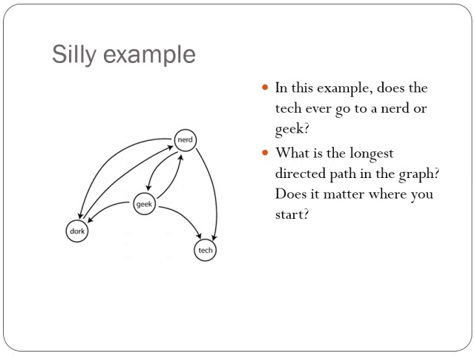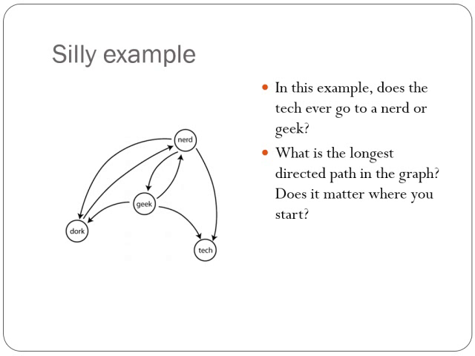So we'll end this lecture with a silly example. In this case, the vertices are labeled dork, geek, nerd, and tech. And since there's a directed edge from nerd to geek, and also a directed edge from geek to nerd, the implication is if you are a nerd, you could be a geek, or if you're a geek, you could also be a nerd. But notice that if you're a nerd, you could be a tech.